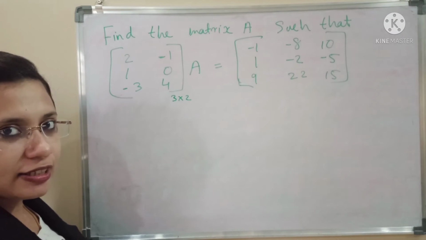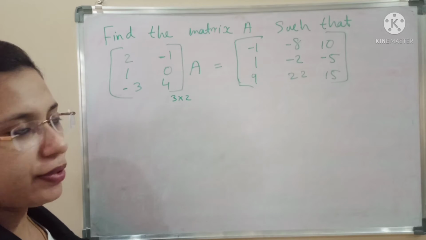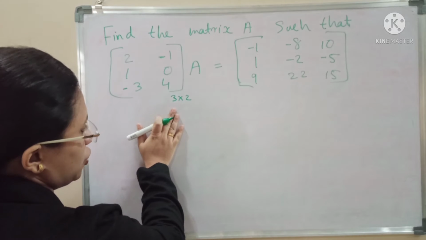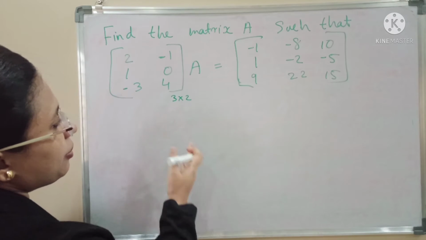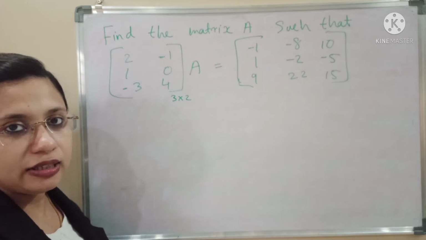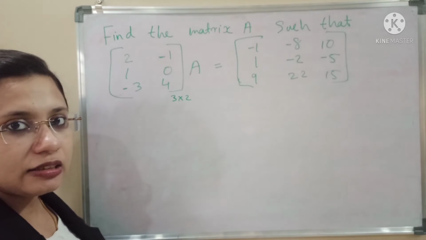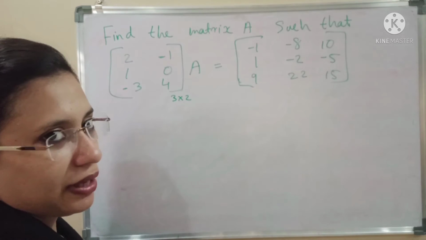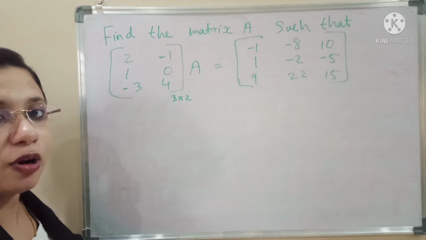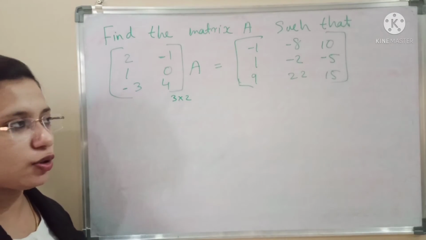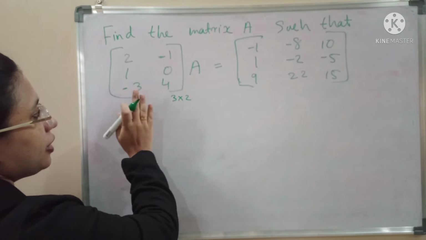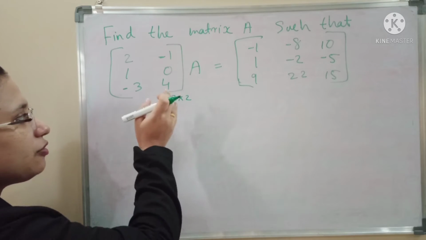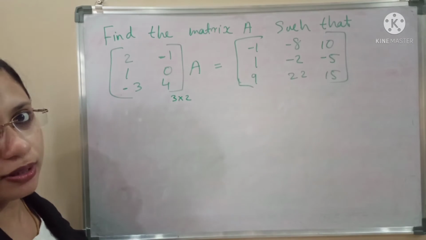We already discussed in the matrix multiplication topic that when one matrix is 3 by 2, then the matrix which is multiplied with it should be 2 by 3 order.